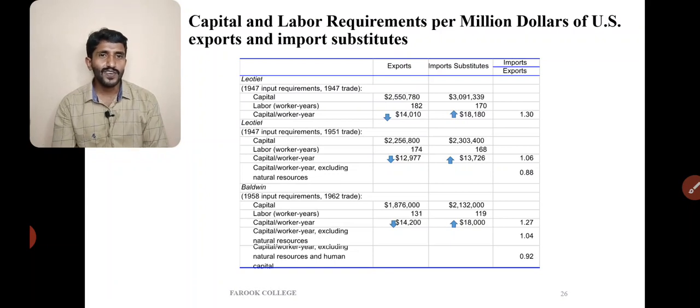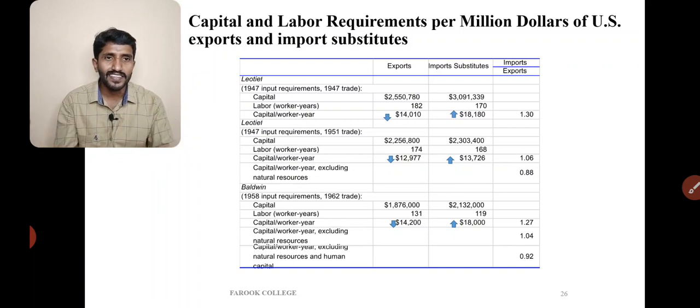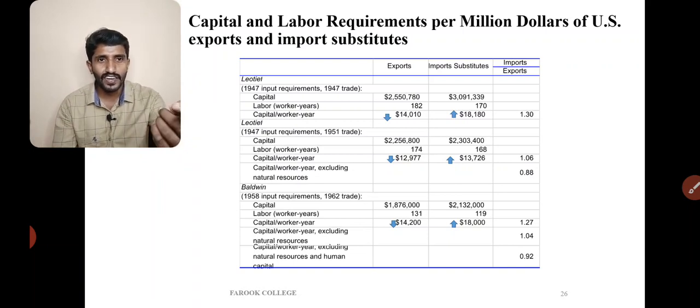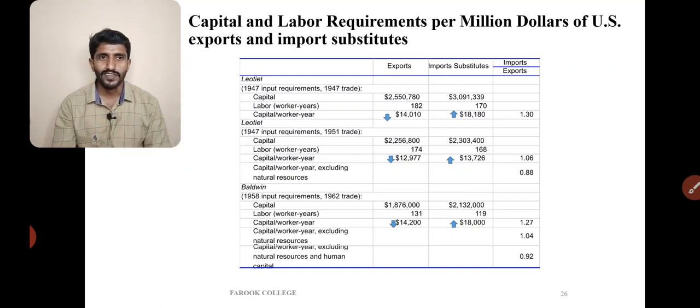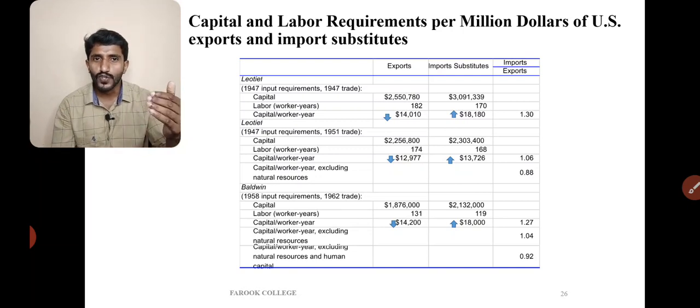This is a very interesting result, and he also made the same analysis in 1951. In that period also, the result was almost the same, but the difference had reduced. The exports' capital per worker was around 12,000, and import substitutes was 13,000.